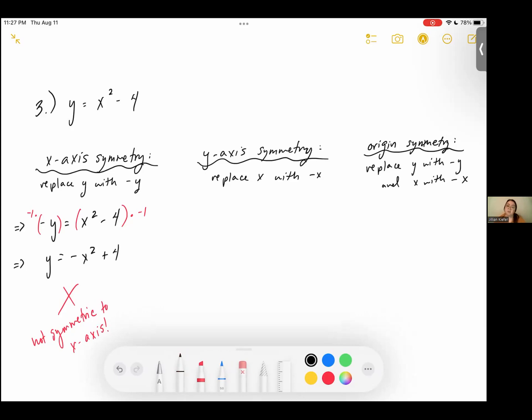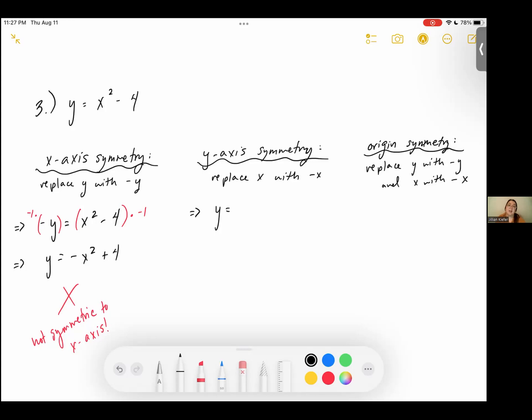So instead of replacing y with negative y, now we're going to replace x with negative x. So we get y is equal to, and we see that x is squared. If we're just replacing x, that means that we would now have negative x that is squared. We don't just add a negative to the outside of x squared.